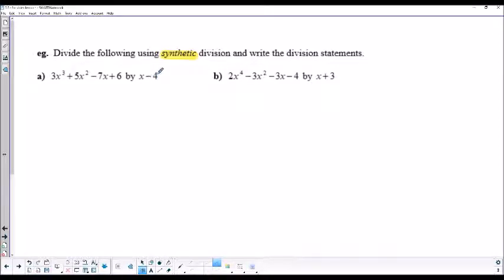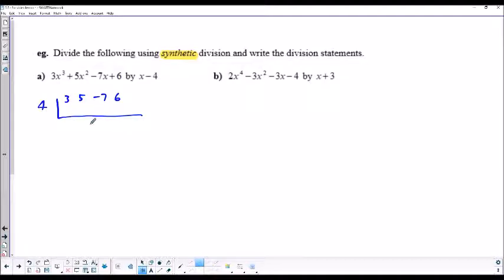Now instead of using the -4, we're actually going to use the +4. If we use the +4, that allows us to do some adding instead of subtracting. Sometimes adding is a little bit easier. So we're going to draw an L bracket, and we're going to put in all the coefficients and the constant that we see here. So we've got 3, 5, -7, and 6.